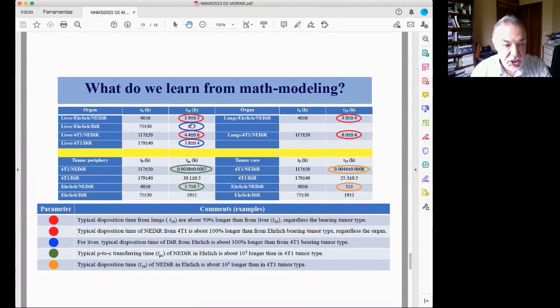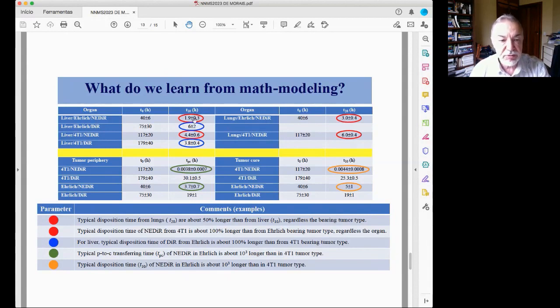Comparing liver and lung, you can see that the disposition time for the nanoemulsion in the liver is about 1.9 hours, and in the lung is about 3 hours. So the disposition time from the lung is almost 50% longer.